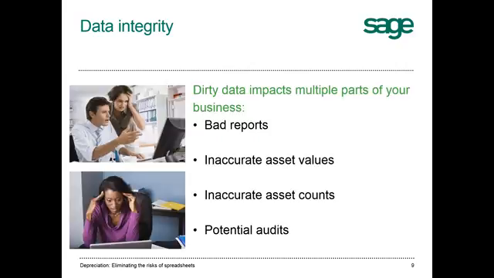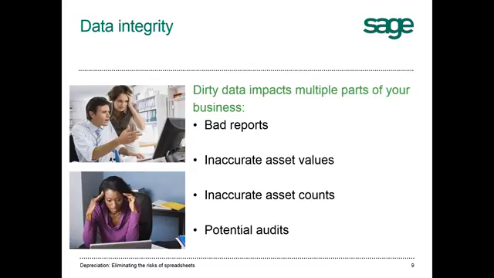So why does this matter? The biggest reason is bad data. So if you're using Excel to manage your fixed assets today, data integrity is going to be one of the biggest issues that you face. And really, data integrity comes down to bad data. Bad data means bad reports, and bad reports mean bad strategic business decisions.